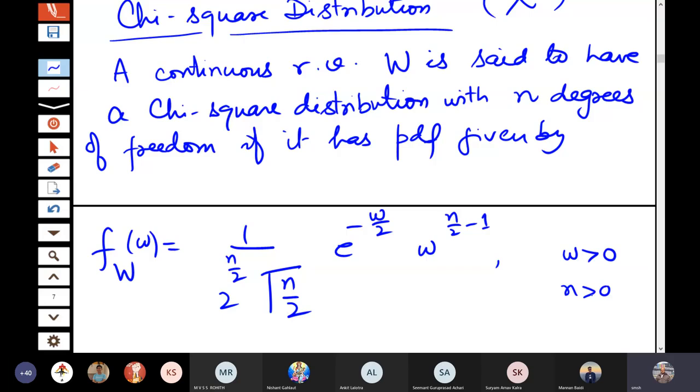So this is one of the sampling distributions. I have to prove that it is a sampling distribution by deriving it as the distribution of a function of a certain random sample.